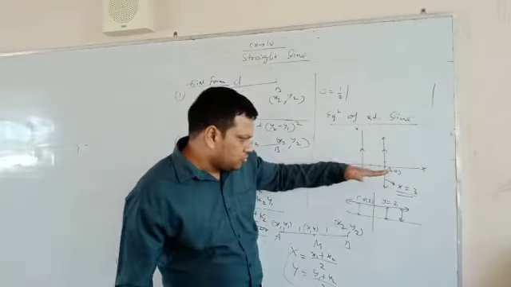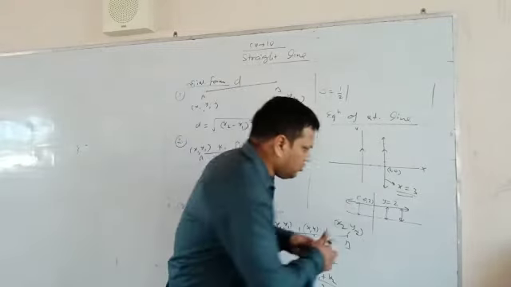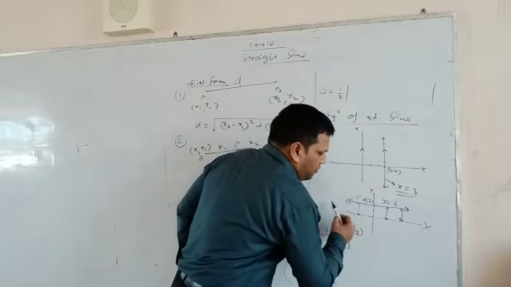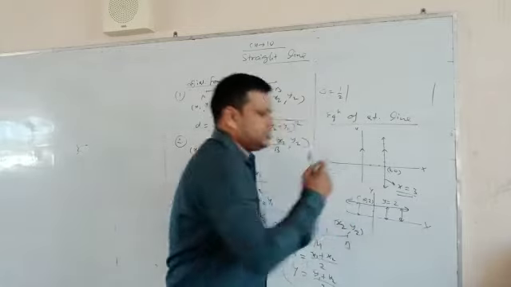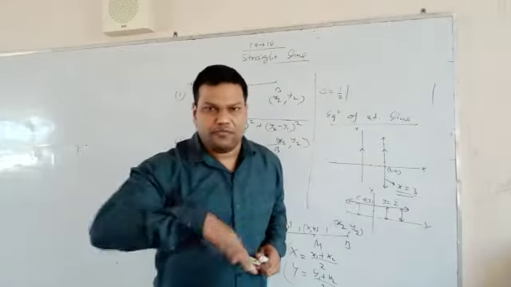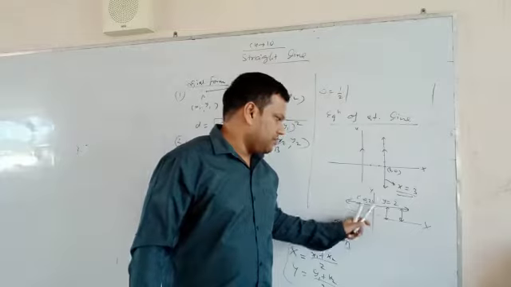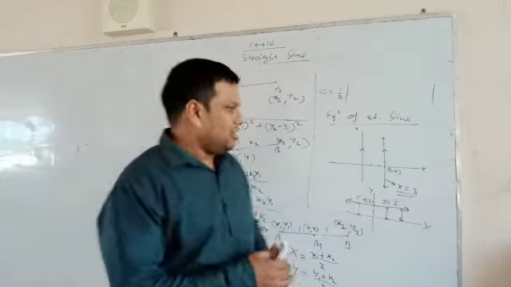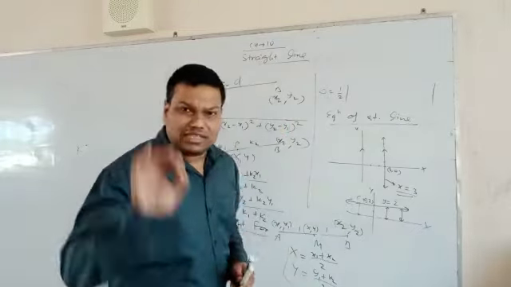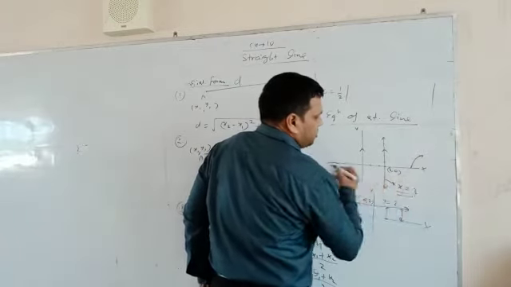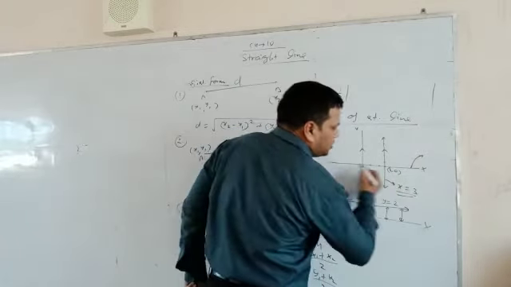Here y equal to 2 is parallel to the x-axis. So a line parallel to the x-axis is always represented as y equal to any given number. In this situation, what will be the equation of the x-axis itself? There y is always 0.